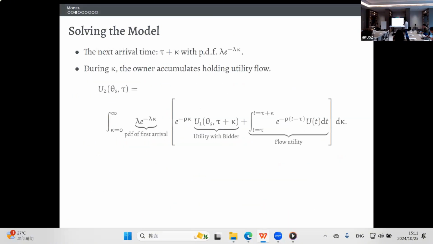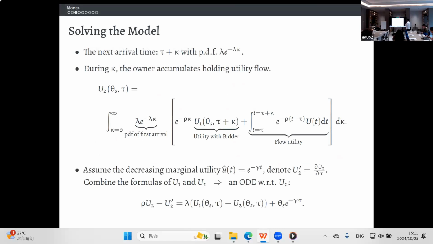So basically we can solve the entire model, which is a little bit technical, but not that much. You basically get two parts. One part is you can derive some utility from the bidder, who is probably willing to buy, and then you can obtain the flow utility. The flow utility means that if there is no buyer, you can continue to hold the luxury watch and gain utility.